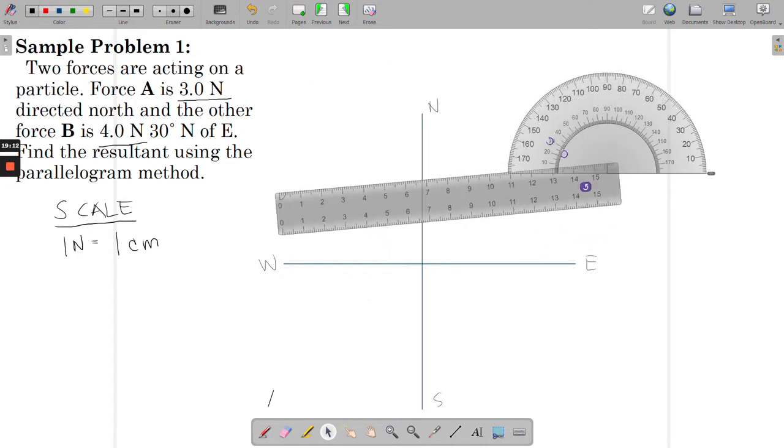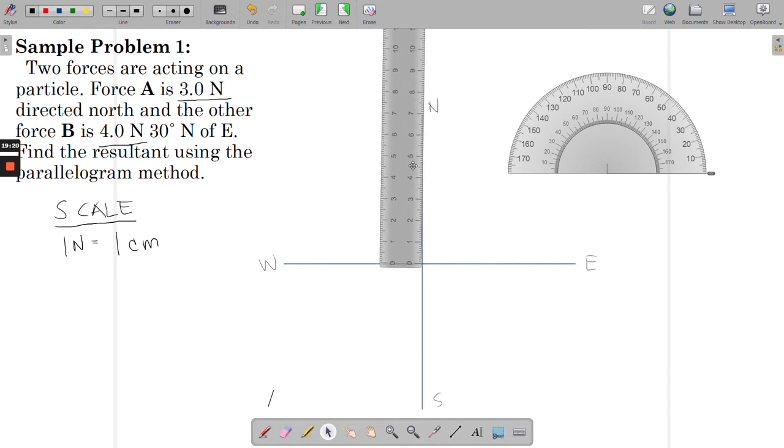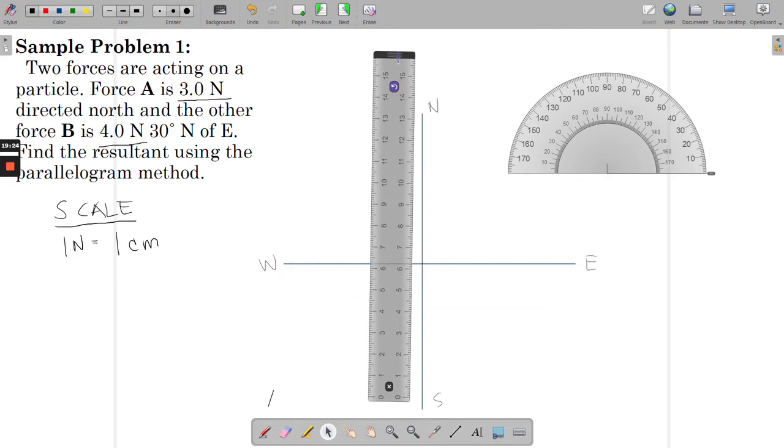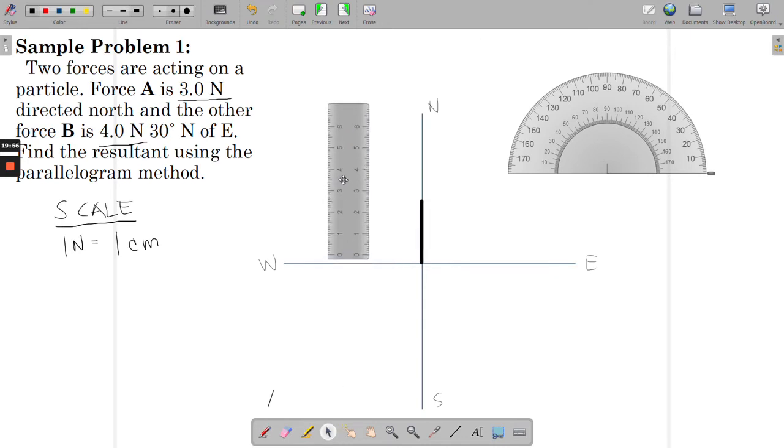So let's take our ruler, tilt it, and our vector is heading north and it's 3 centimeters. That's our first vector, vector A.